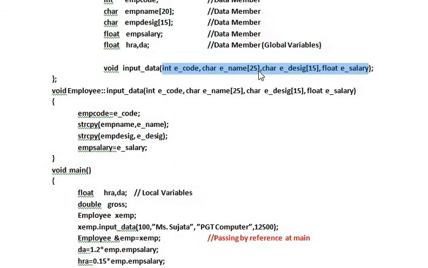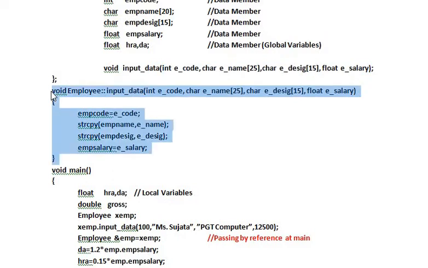But if you look at this function, its implementation part is outside of the class, that is over here. So now for this function with these parameters, I have these statements in the implementation part. So here the value of the first parameter e_code shall be assigned to the data member emp_code.